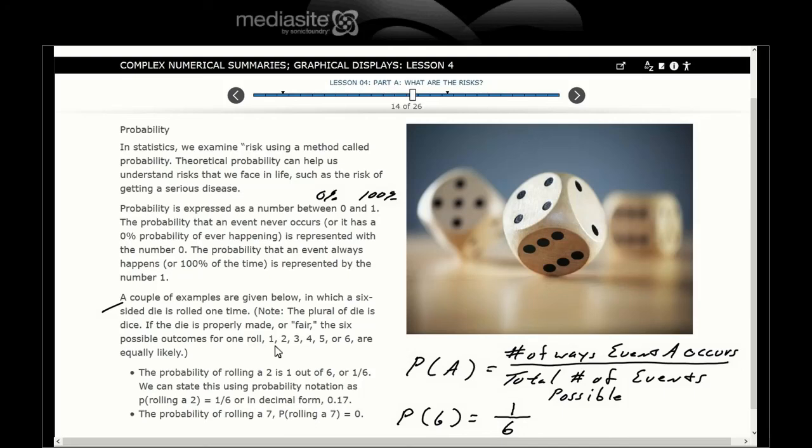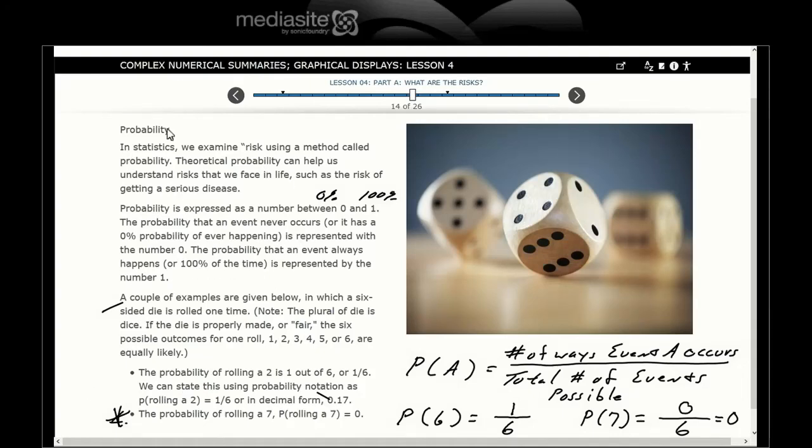And again, a simple example, and then of course, probability of rolling a 7. Of course, I can roll the dice, and how many 7s are on the die? None. If I roll a die, how many possible events are there, or outcomes? 6. So 0.